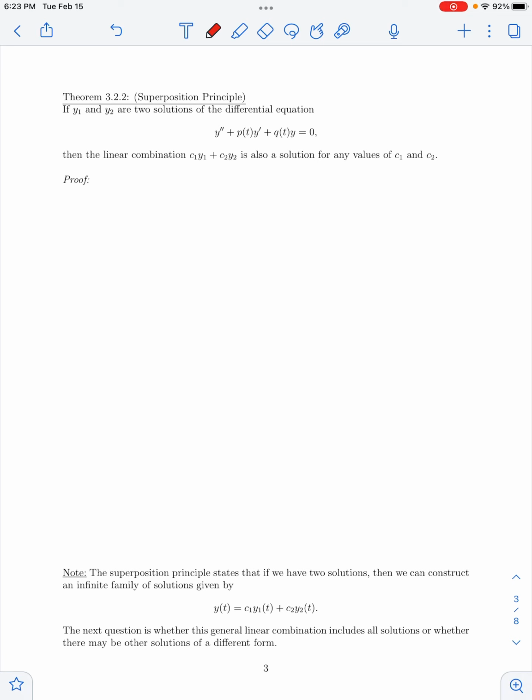So let's start by taking a look at this theorem. This is theorem 3.2.2 from your textbook. It's called the Superposition Principle.